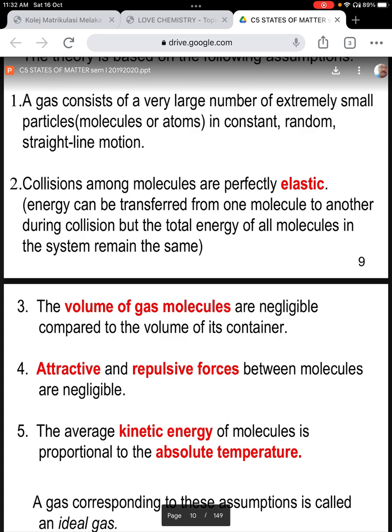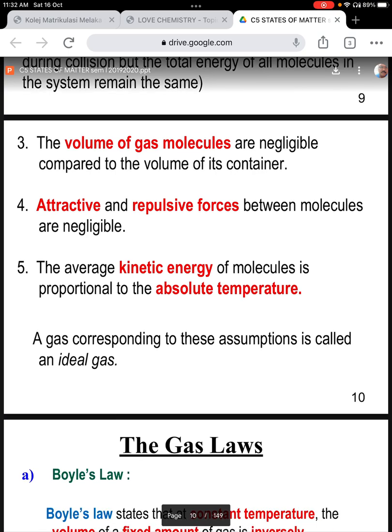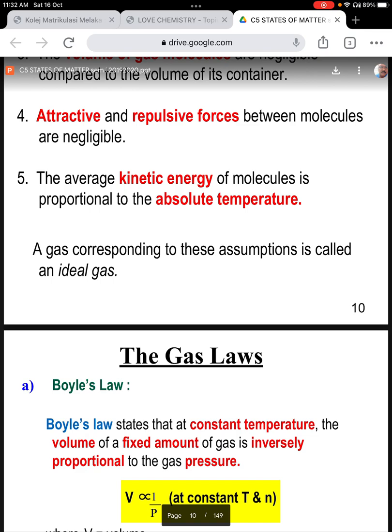Energy can be transferred from one molecule to another during collision, but the total energy of all molecules in the system remains the same. The volume of gas molecules is negligible compared to the volume of its container. Attractive and repulsive forces between molecules are negligible. The average kinetic energy of molecules is proportional to absolute temperature. A gas corresponding to these assumptions is called an ideal gas.